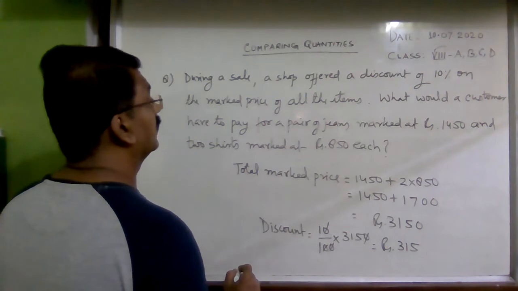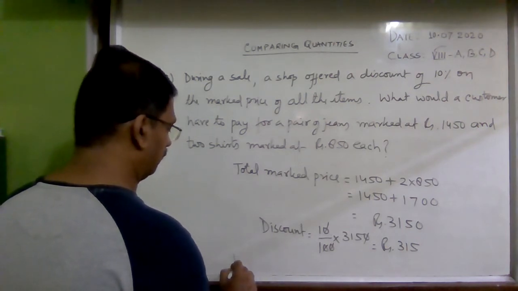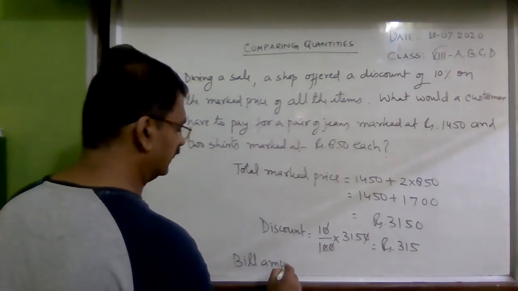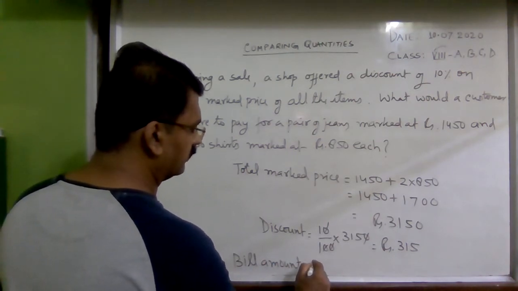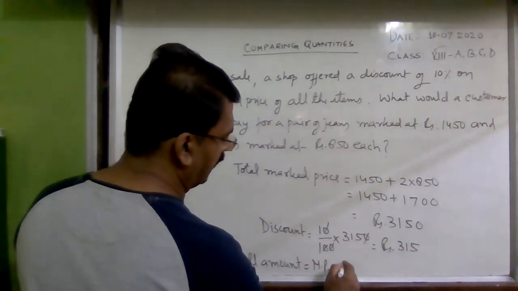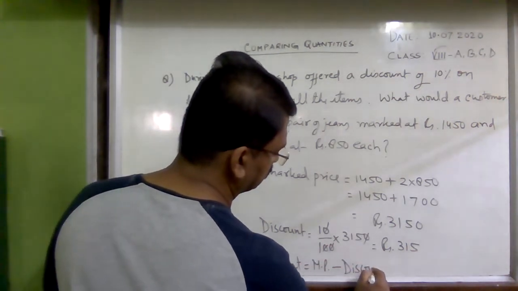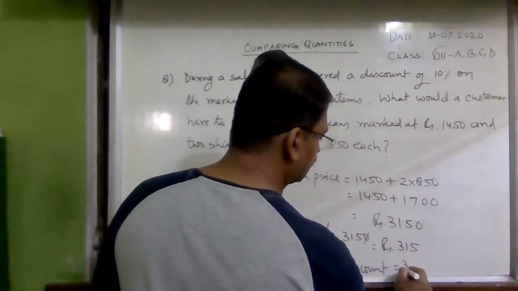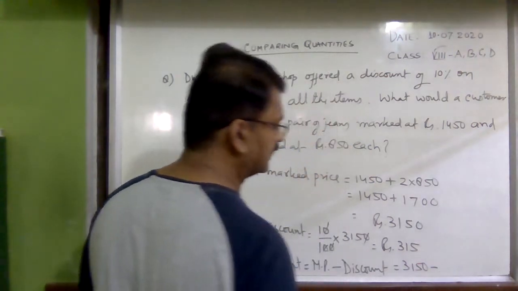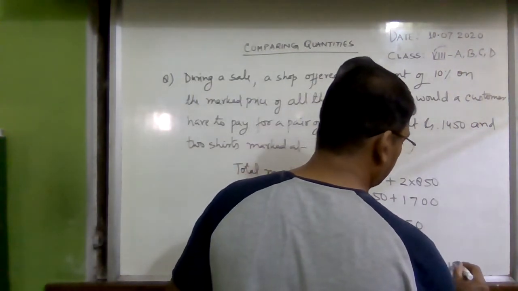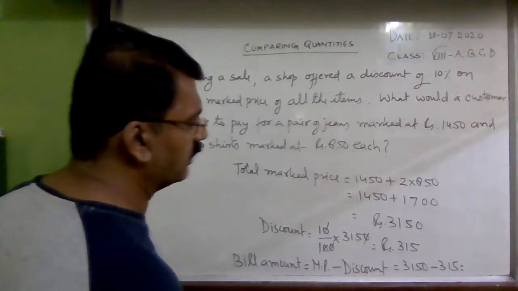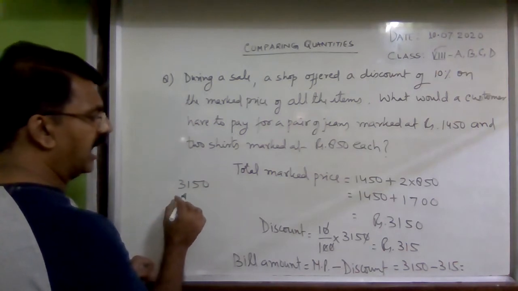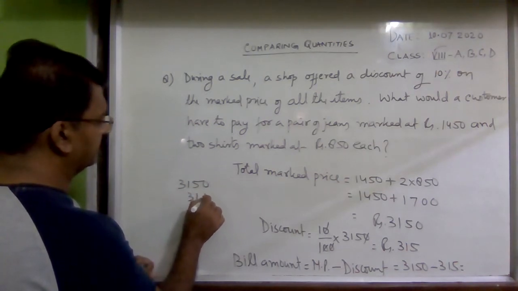So the bill amount, that is the money the customer has to pay, is equal to marked price minus discount. The marked price is given 3150 and the discount is 315. So from 3150 you have to subtract 315.